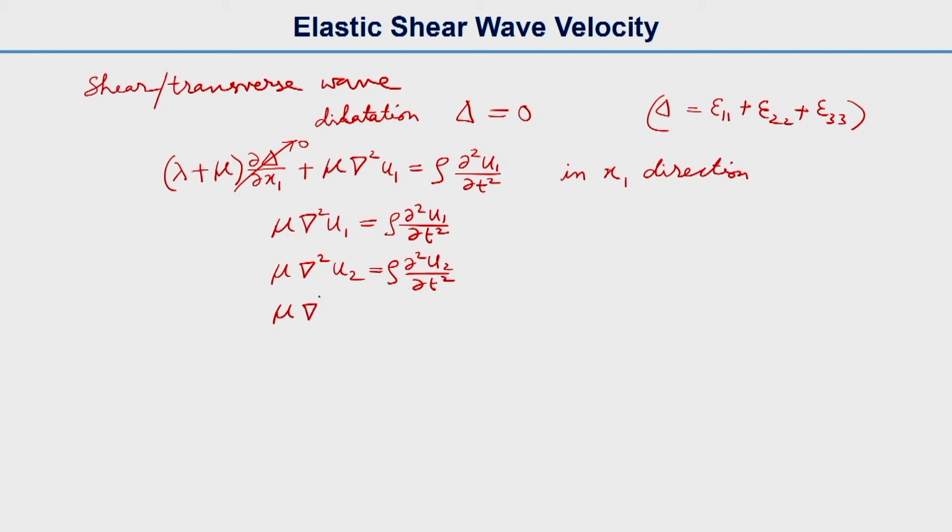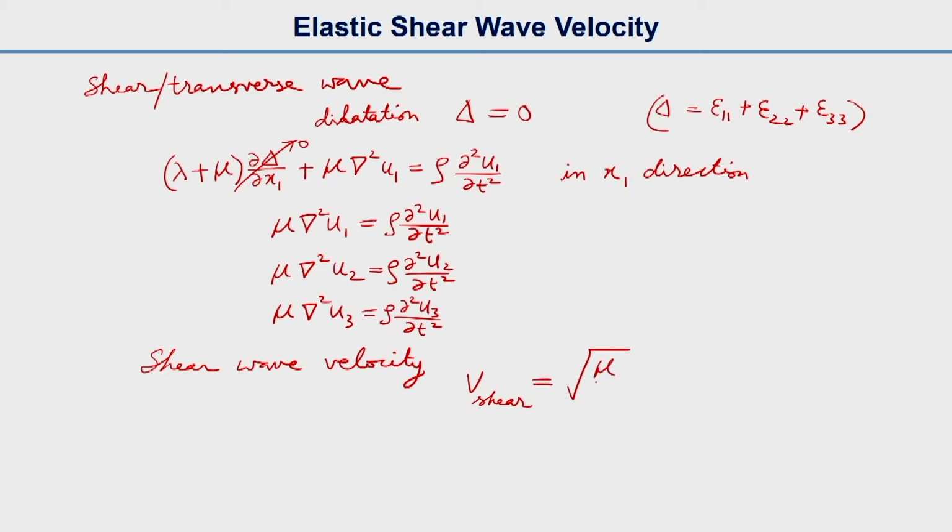And for the third direction, now if we compare with our earlier derivation, we will find that the shear wave velocity can be written as V shear equal to the square root of mu by rho.